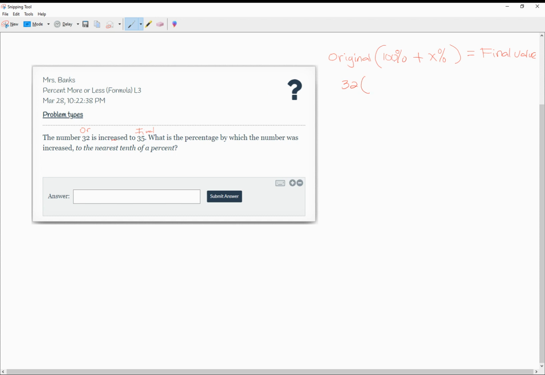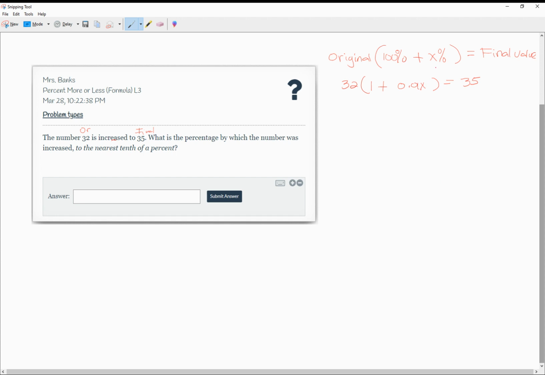You can't really combine 1 plus x because they're not like terms, but you can change them into decimal format. So the 100% becomes 1, plus the x percent becomes 0.01x, so no more percentage, equals 35.